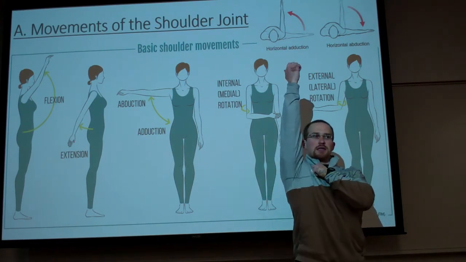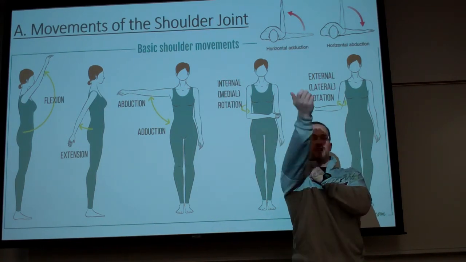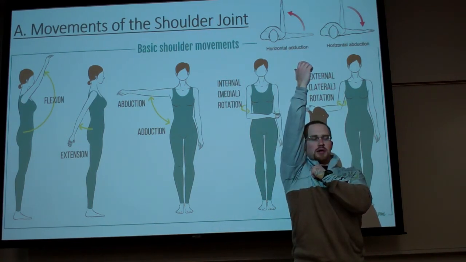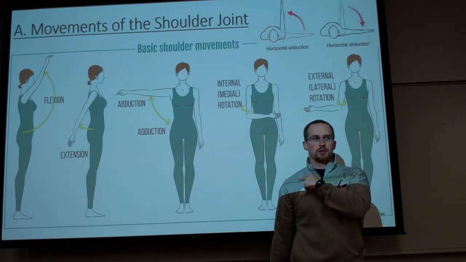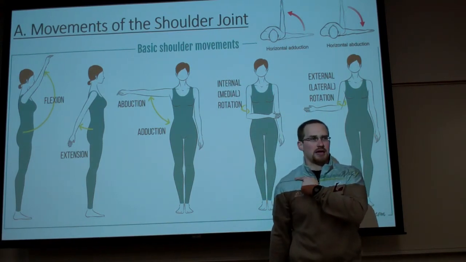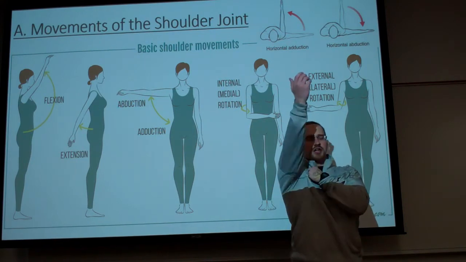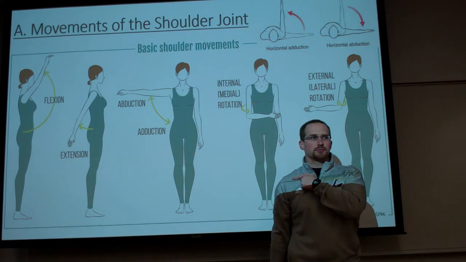This is shoulder flexion. Extension is coming down. Remember, flexion and extension occur in the sagittal plane.